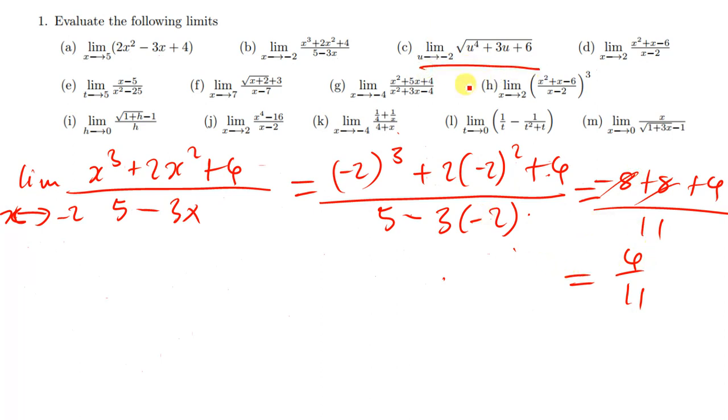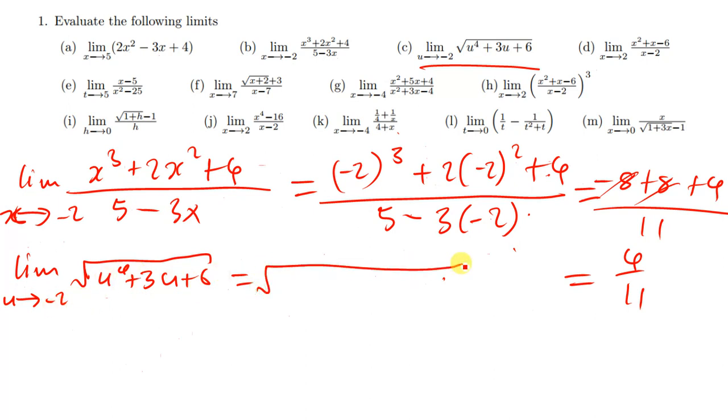Same applies to this one. So the limit of the square root of u to the power 4 plus 3u plus 6 as u approaches negative 2 is simply equal to, you just replace u with negative 2, and then you get your solution.